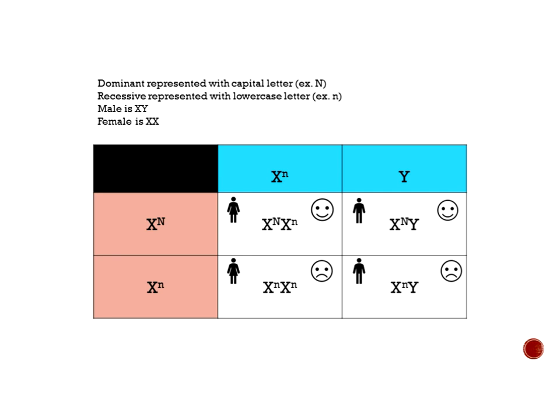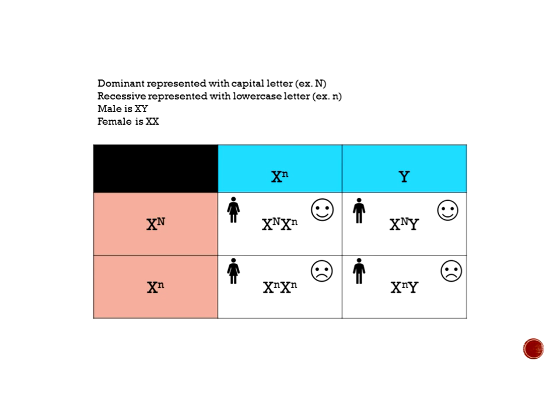That's why I chose N for normal, because normal is actually the dominant gene here. Recessive is represented with the lowercase letter. So in this case, the lowercase n is going to represent the hemophilia. And this is a sex-linked gene. That means it's going to be on the X or the Y chromosome. In this instance, it's on the X chromosome. So we need to remember that a male is XY and a female is XX.